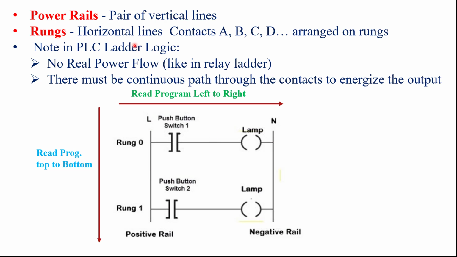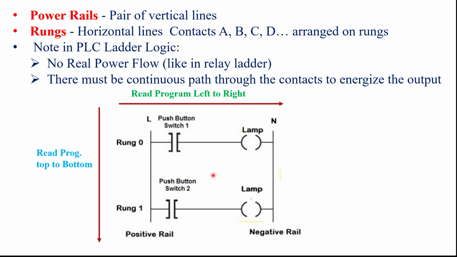The horizontal lines are called rungs. Each diagram has a number of rungs: rung 0, rung 1, rung 2, and so on. No real power flows through the power rails in a ladder logic diagram, just like in relay logic diagrams. There must be a continuous path through the contacts to energize the output.